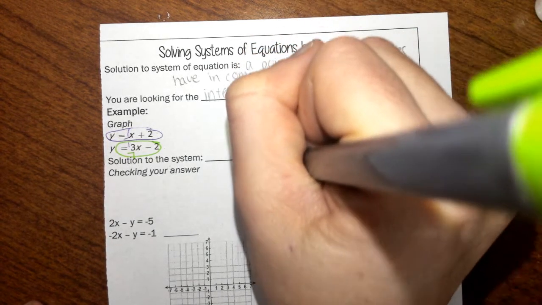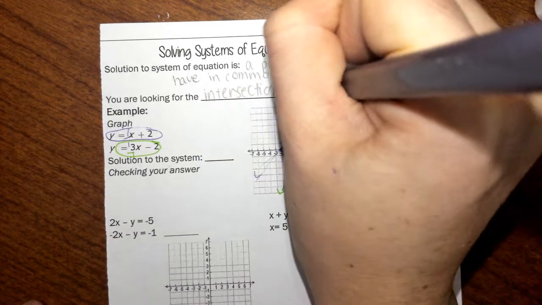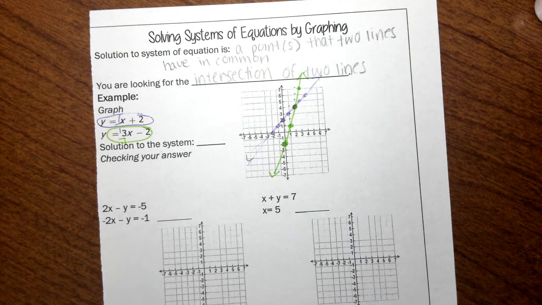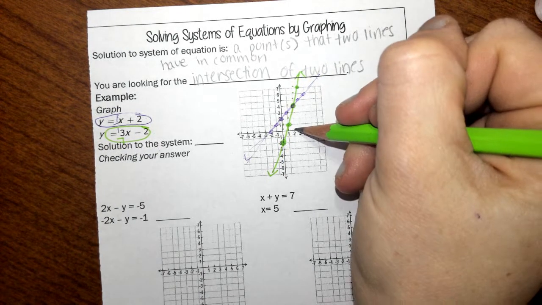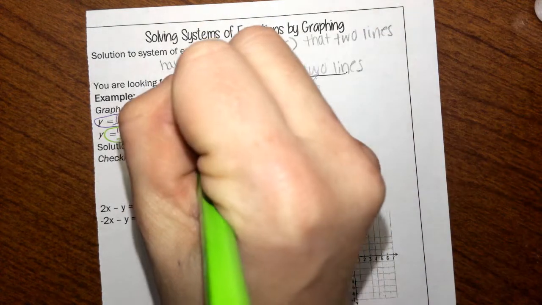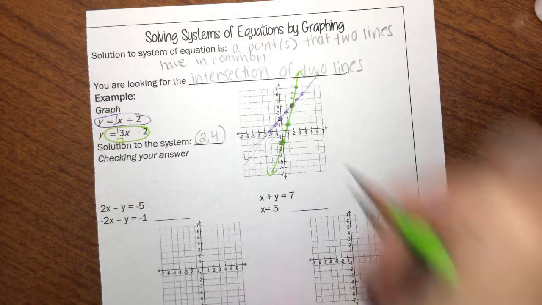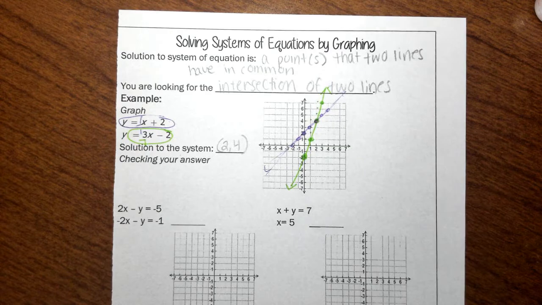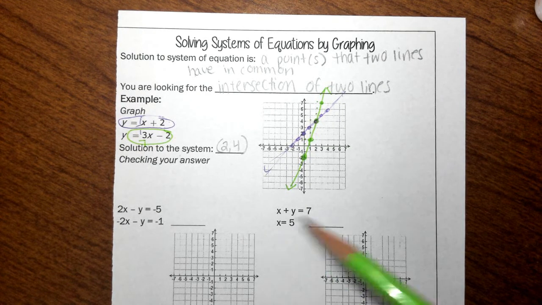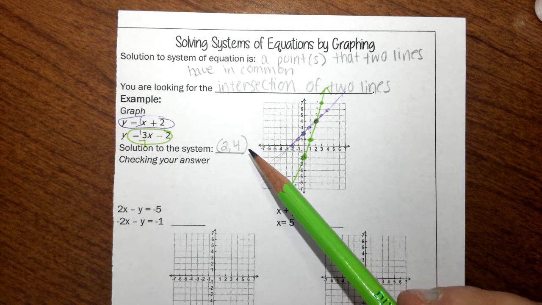There's this line too. And so looking at there, you can tell that the solution would be the point right where it intersects, which is at 2, 4. So that's the solution. So in all, each one of the ones below in your notebook, when we do this next class, we're just looking to see the point where they intersect, which is right there.